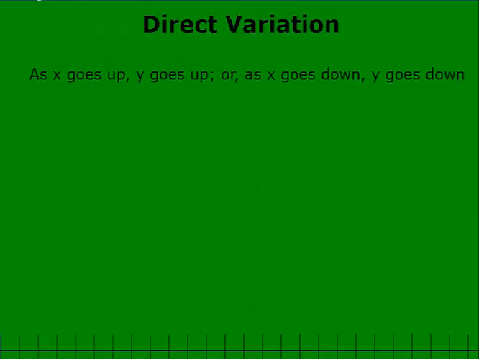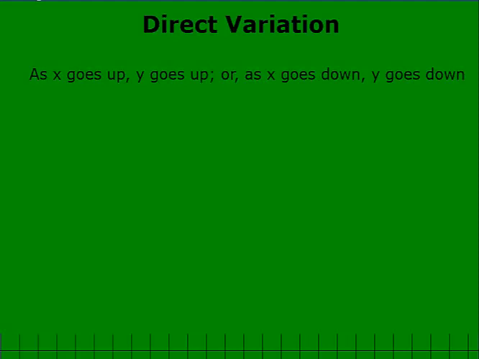So the formula is pretty straightforward. Direct variation means as x goes up, y goes up, or as x goes down, y goes down. So what does the word variation mean in any setting? It's a change within a system. Variation just means we're going to take something and something's going to change.